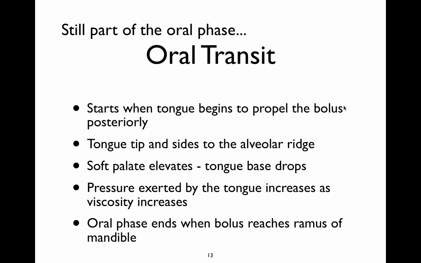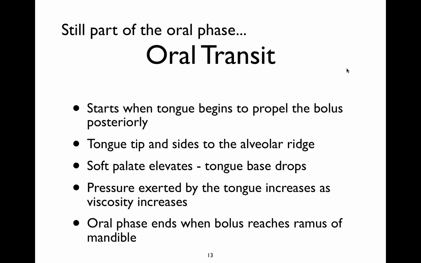We're still in the oral stage. I did want to talk a little bit more, again, to compare and contrast the 3 with the 4 stage model. So we're going to introduce at this point a phrase called the oral transit phase or the oral transit subphase.